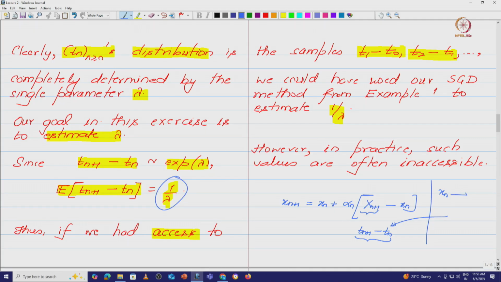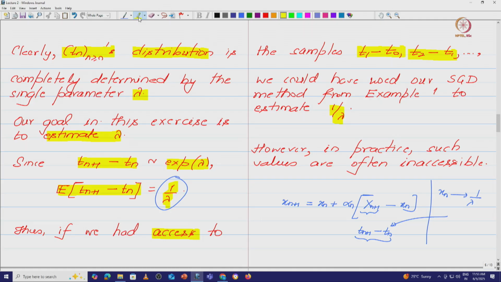Hence one can show that the little xn's will converge to 1 over lambda. If you run this algorithm for long enough, xn will give you an approximate estimate of 1 over lambda, and if you invert it you will get an estimate of lambda, which was the quantity of interest for us.